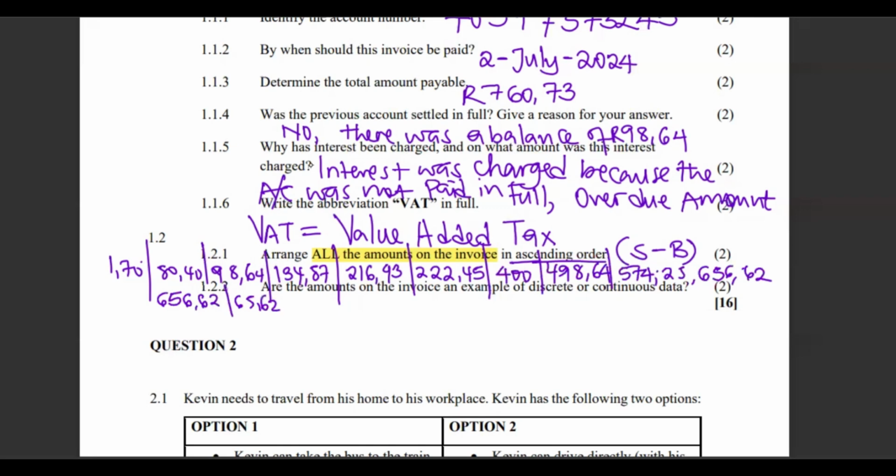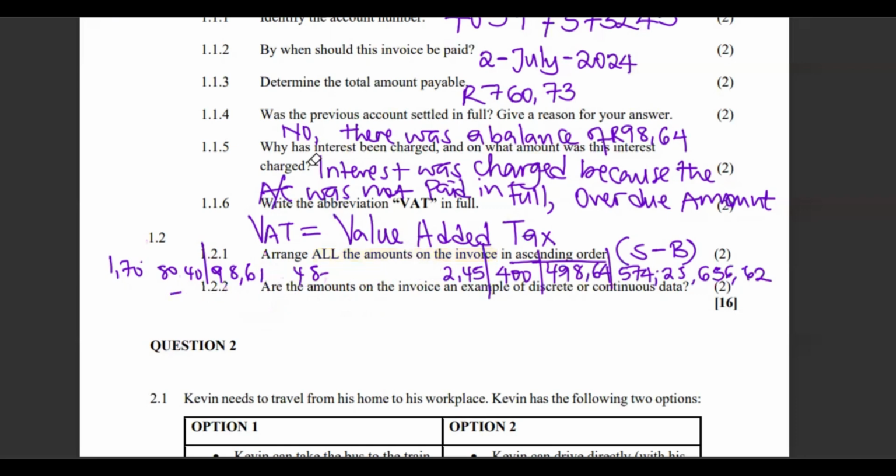Then we end with 760.73. From small to big, that's what we wanted. That's how we are supposed to arrange all the values.